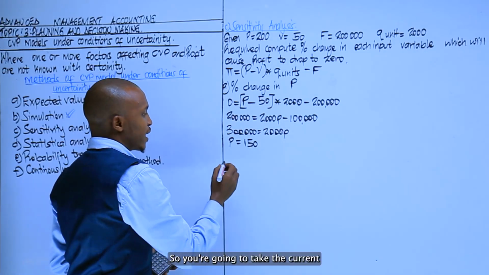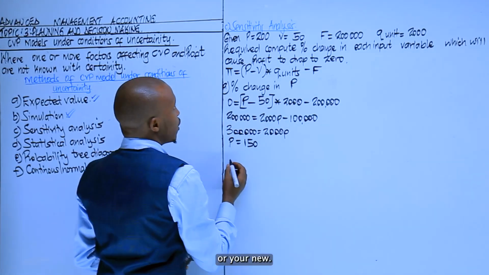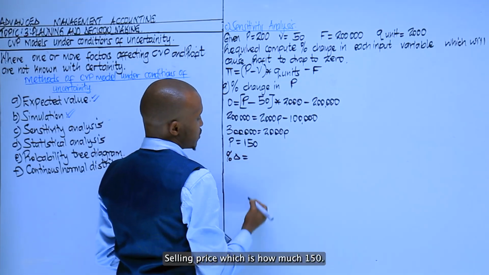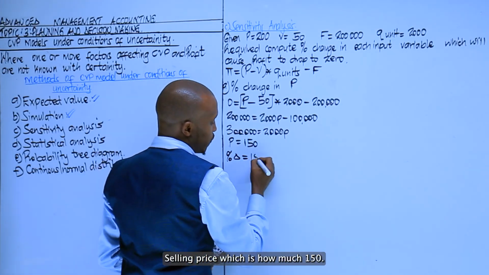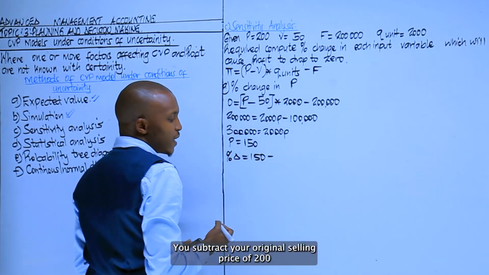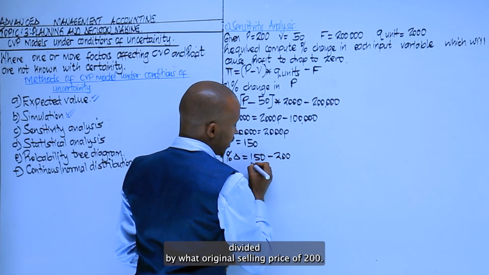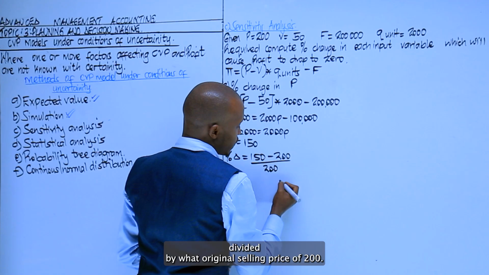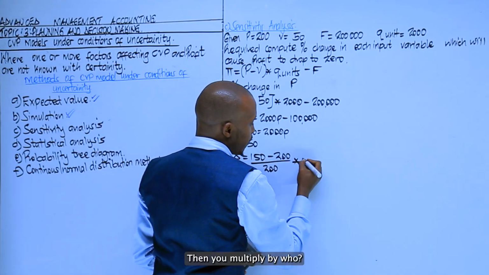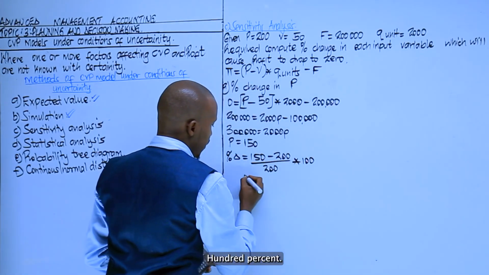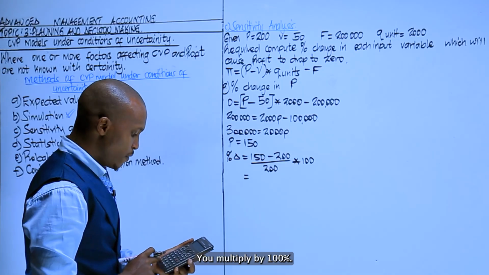So you're going to take your new selling price, which is 150, subtract your original selling price of 200, divide by the original selling price of 200, then multiply by 100%.